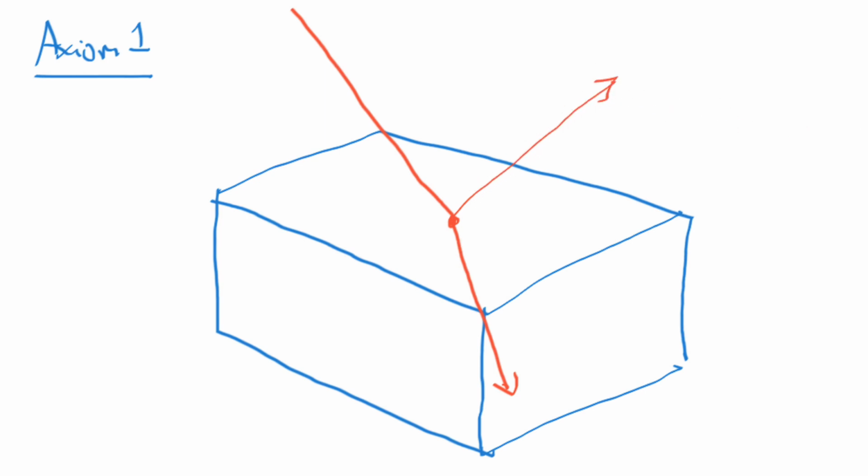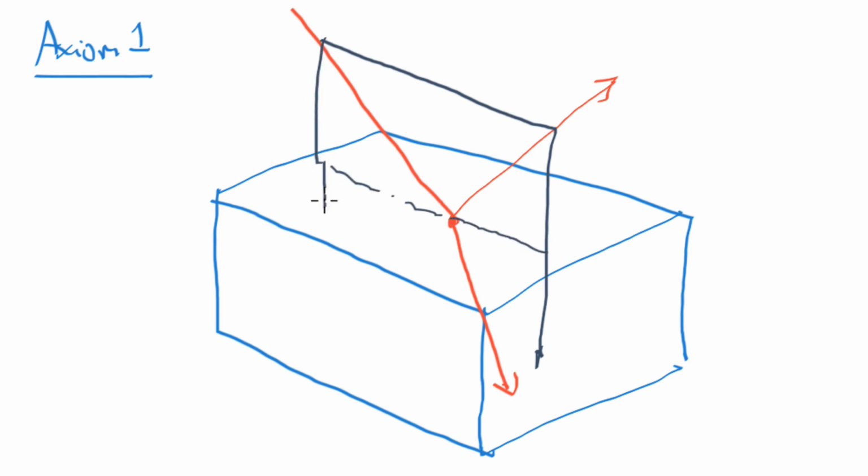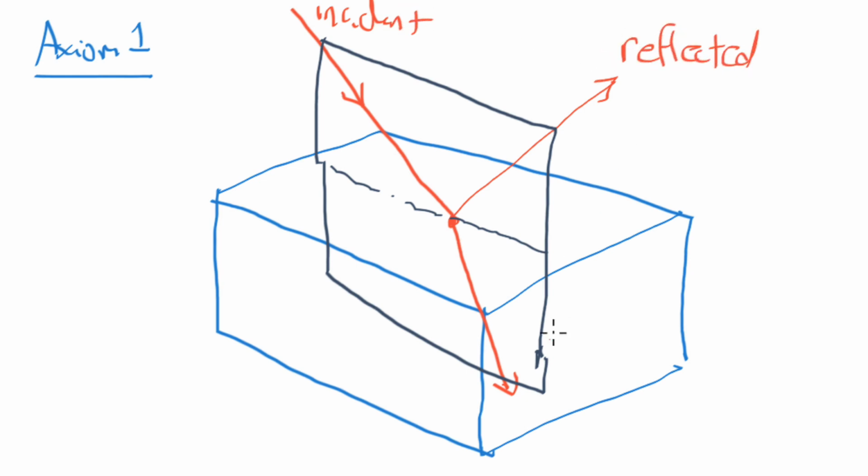What he is saying here is that all three of these rays are going to lie in the exact same plane. So if I were to draw a vertical plane like this, then the incident beam, this is the incident beam, and the reflected beam, and the refracted beam, they all lie within the same plane.